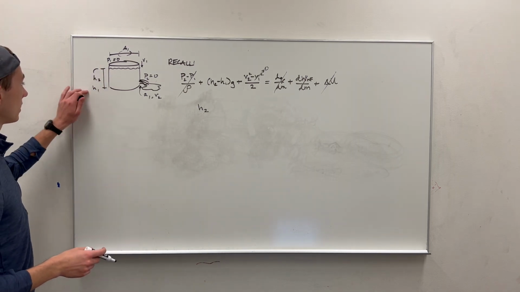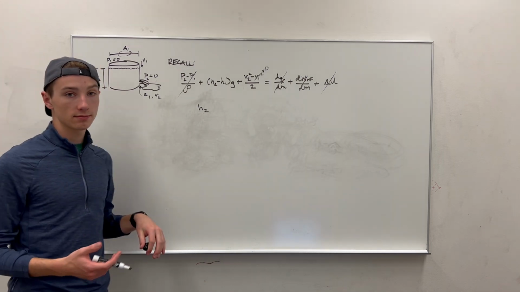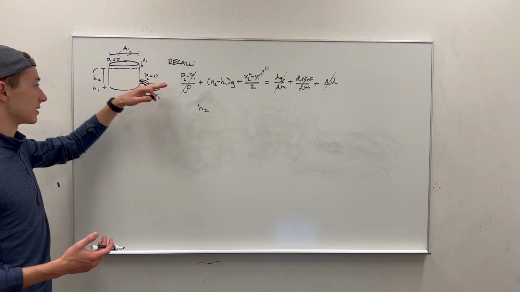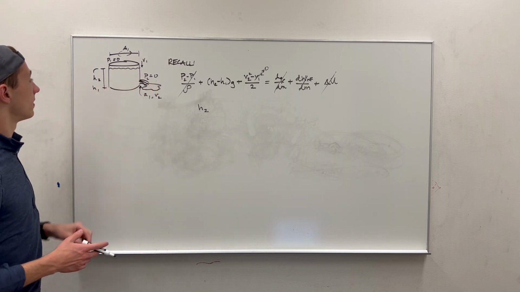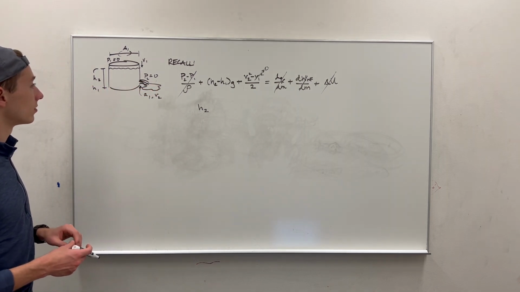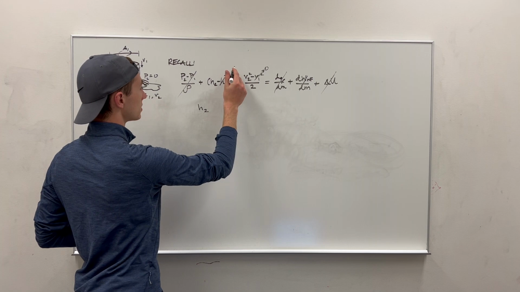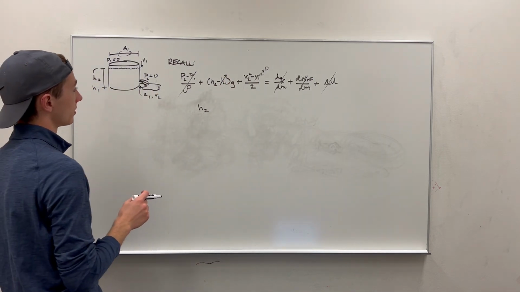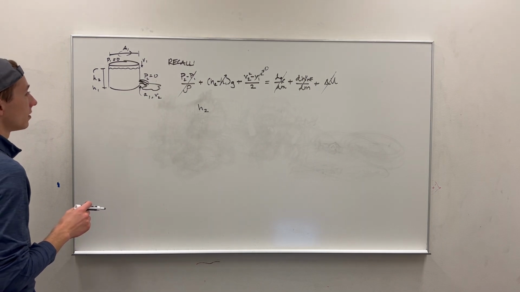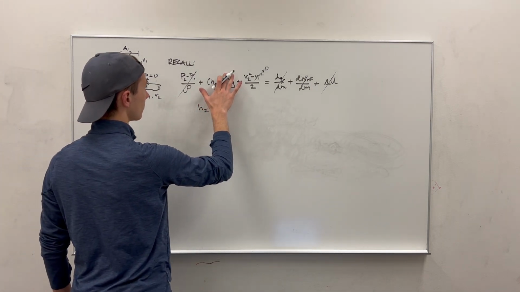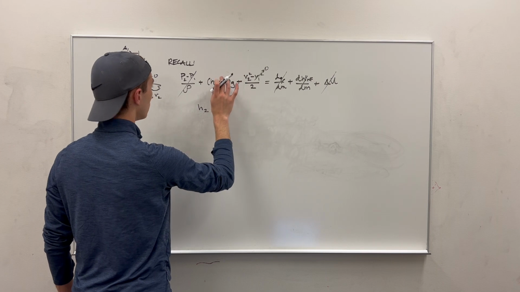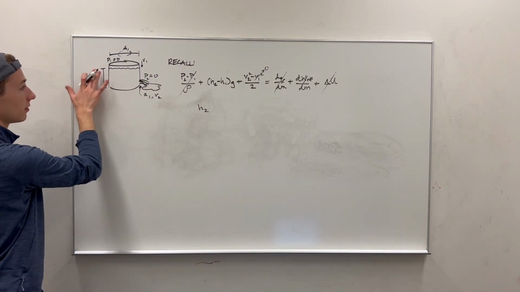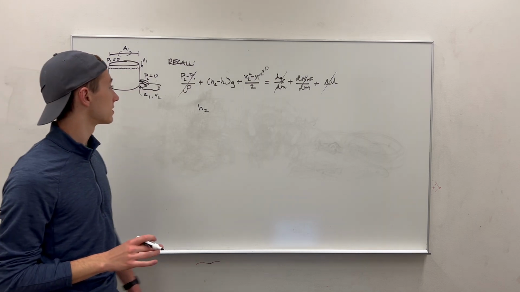Okay, so we have H2 minus H1. In this situation, we're going to just say H1 is at the 0 axis, right? It's at 0. So we'll say that instead, I'm going to come up with better numbers for this.